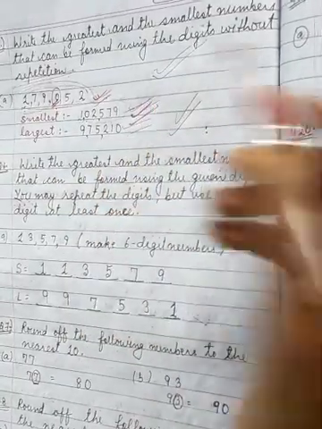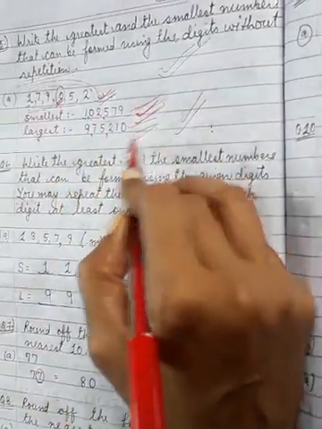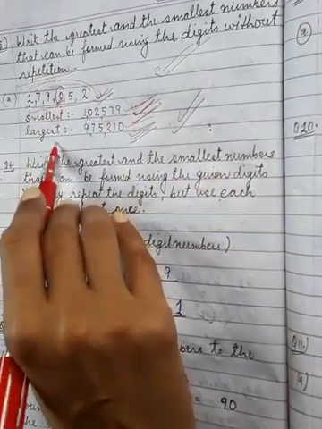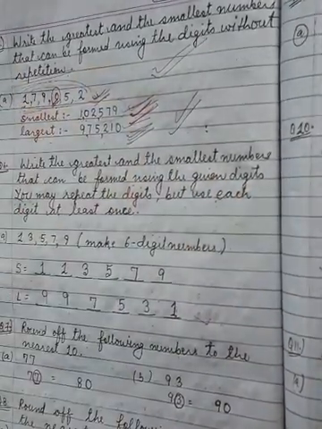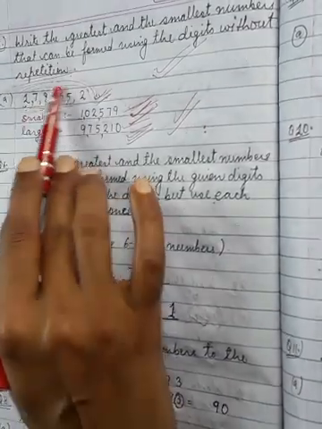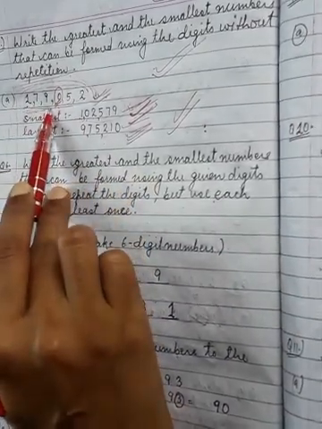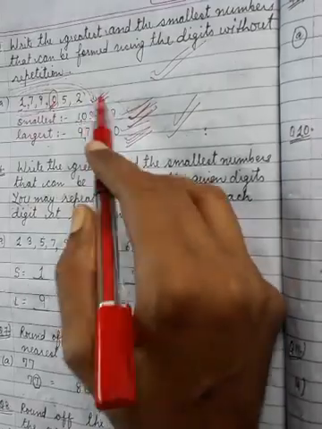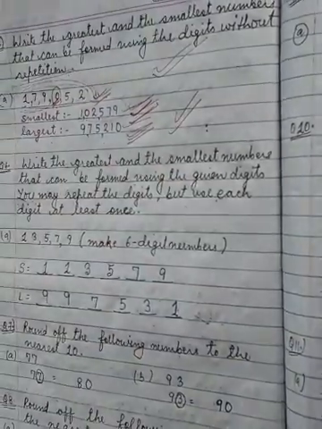So here we have made the smallest number. And in the largest number we do not have to follow any condition. To make the largest number you have to arrange these numbers in descending order.